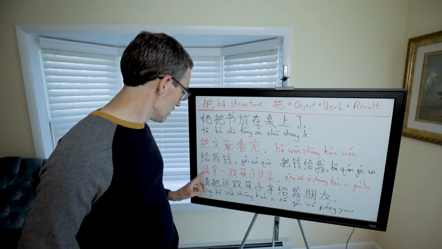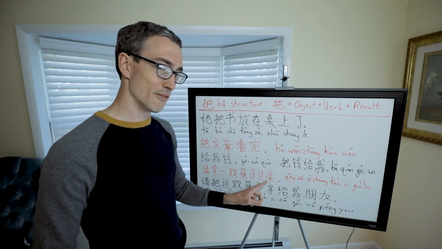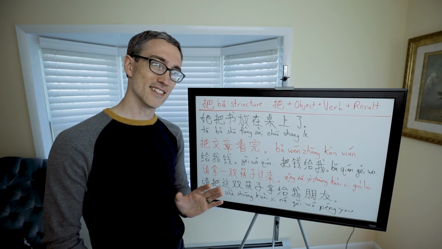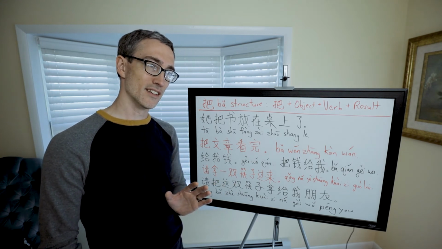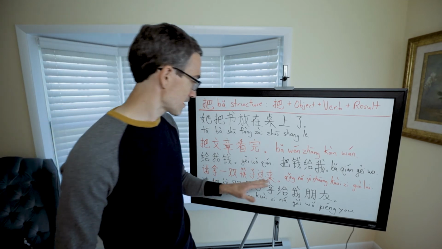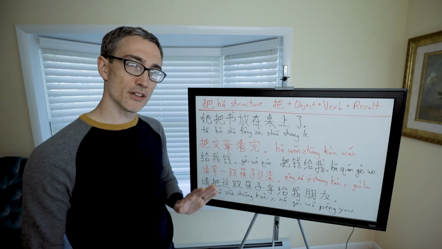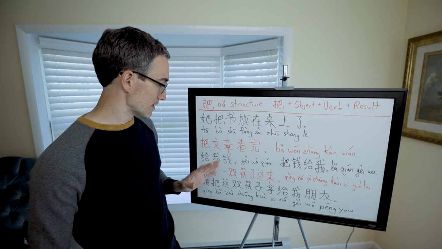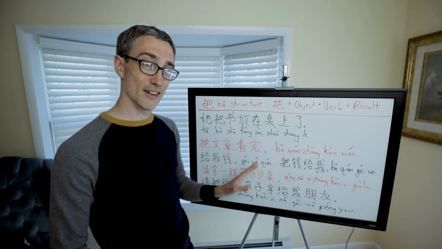So let me give you a more complicated example here. We have 请拿一双筷子过来. Now this is a complicated sentence. I know there's some pieces in here that you might still be unclear on, even if you know the vocab. So I'm going to explain what it means. I'm not going to go into all the grammar because I want to focus on the difference between ba and no ba here.